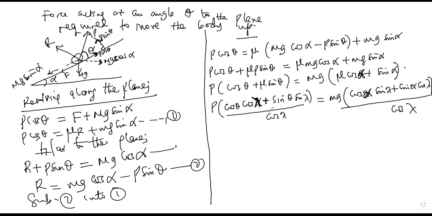I think you know how these ones have come about. I've substituted for mu as what? Sin lambda over cos lambda. So now this is a cos plus sin. This is an expansion of cos, P cos theta minus lambda. This is an expansion of cos minus. All right. Yes. But these cos lambda and cos lambda will cancel. So I will have mg this side, sin cos, cos sin.